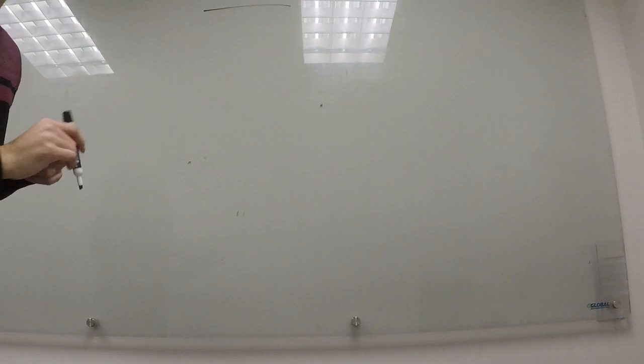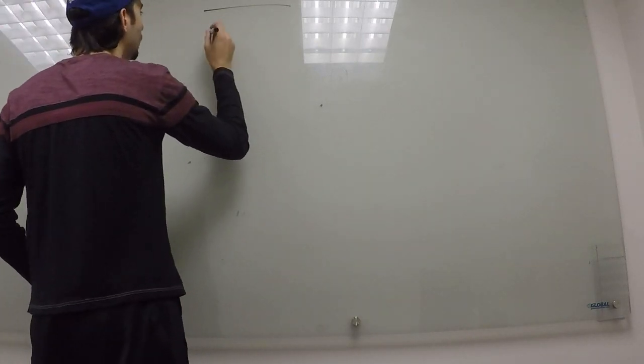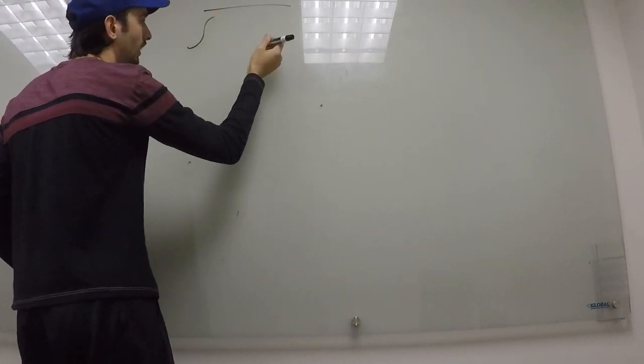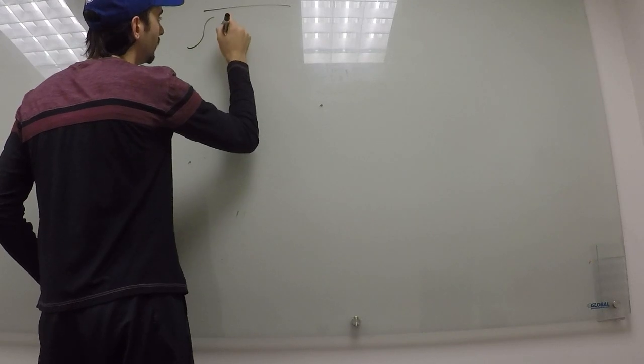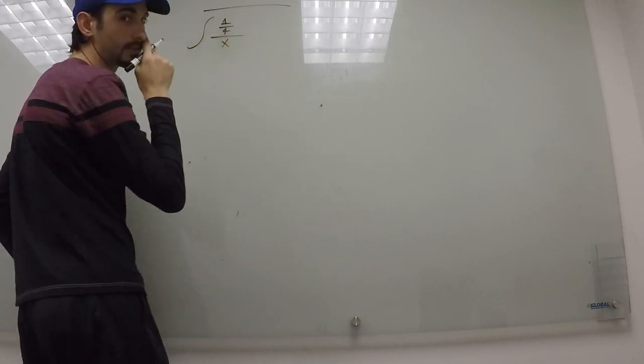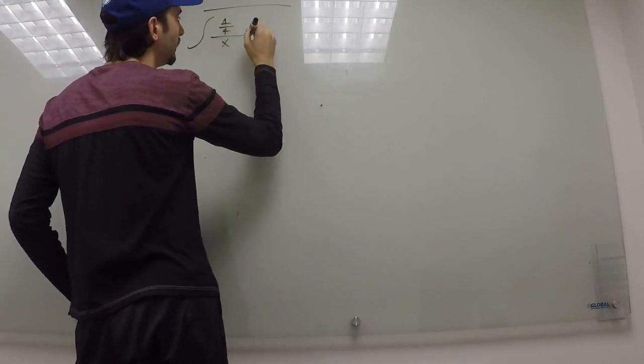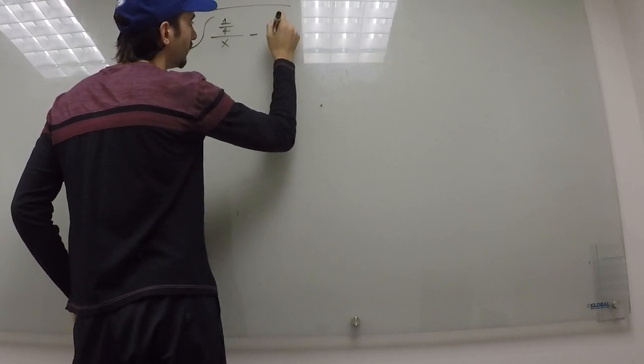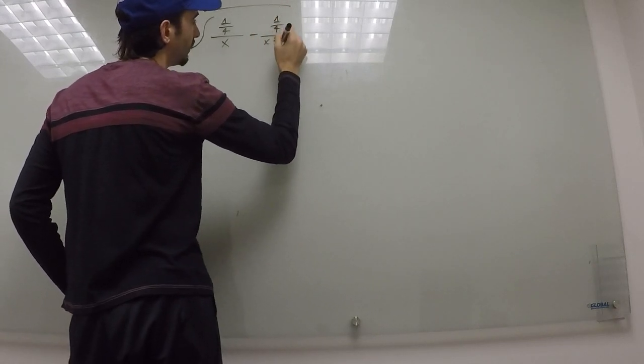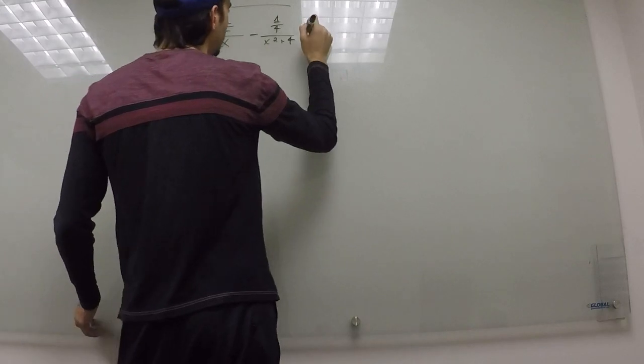Once we do that, we have the integral of 1/4 over x, because we're plugging that in for a, minus 1/4 times x squared plus 4 dx.